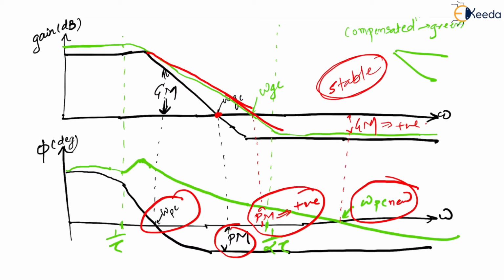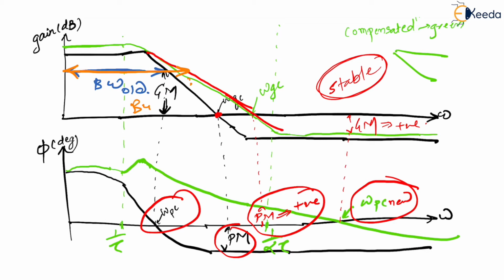Now, last but not the least, see what has happened. If you just see what was the bandwidth for the first one. By the way, let me just recall what the bandwidth is. If you remember, bandwidth is the range of frequency for which up to 0.707 you can allow. So this is, let us say, the bandwidth for the old system, right? But then after that, for the new system, the bandwidth got increased.